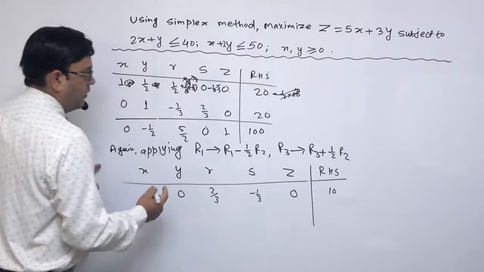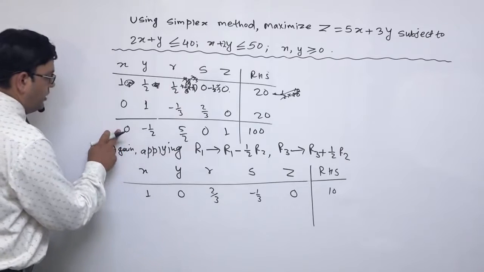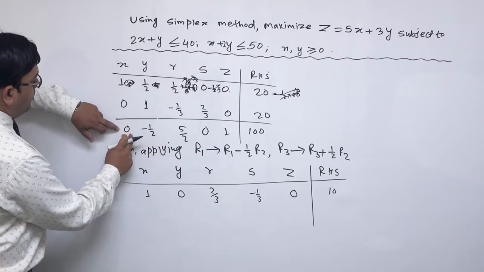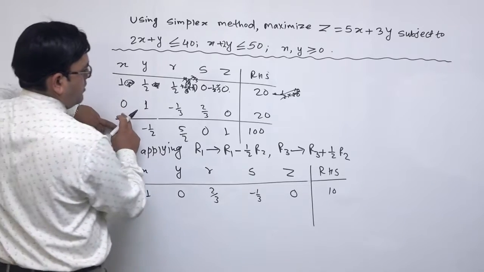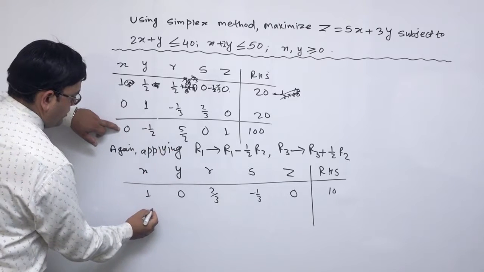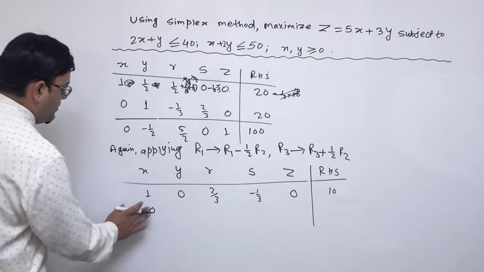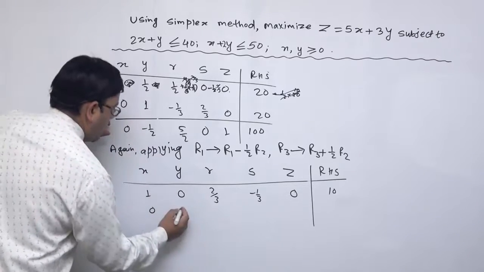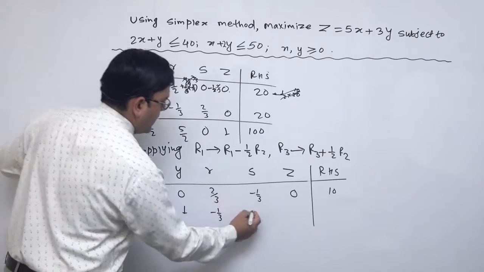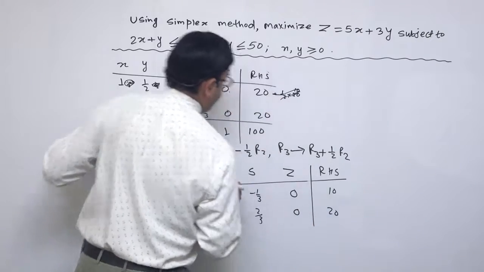Again, R3 changes into R3 plus 1 by 2 R2, so 0 minus 0 is 0. Dear students, now we have to write this at first: 0, 1, minus 1 by 3 so 2 by 3, and this is 0, and this one is 20.